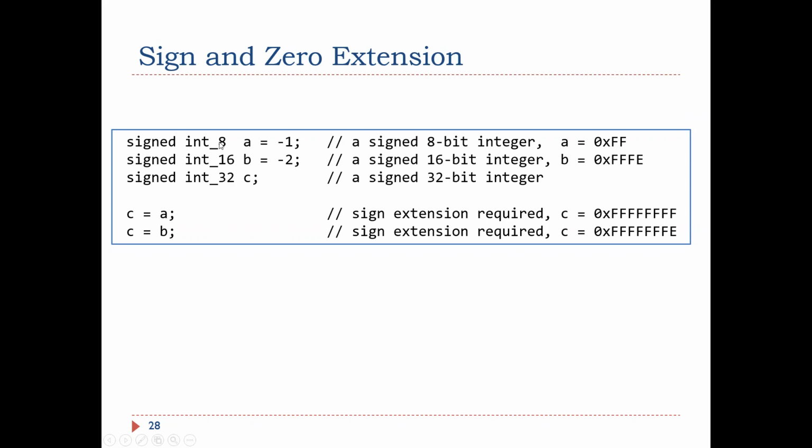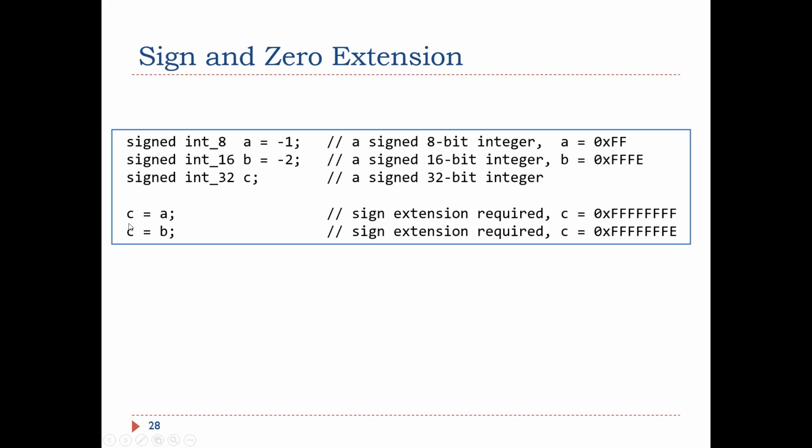In 8-bit data, you have A equals -1, and in 8-bit, if you represent -1, it will be FF. If you represent -2 in 16-bit, I'm pretty sure you know it will be FFFE. So that will be the -2 representation in 16-bit.